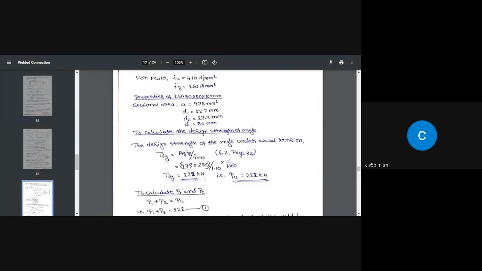In the first line itself, resistance governed by yielding, gamma MO, the partial safety factor, is 1.10. I have used 1.10 and divided the whole thing by 1000 to get the TDG value equal to 222 kilonewton, or in other words, PU equal to 222 kilonewton. That is the force at which the angle section starts yielding.